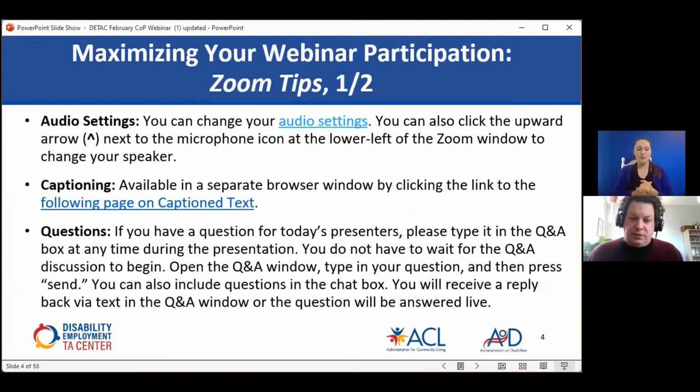Captioning is available for today's Zoom session using the in-Zoom captioning function. At the bottom menu to the right, there's a CC button. If you click that, it'll turn on the closed captioning in the Zoom window. We also have Spanish language interpretation as an alternative audio stream.